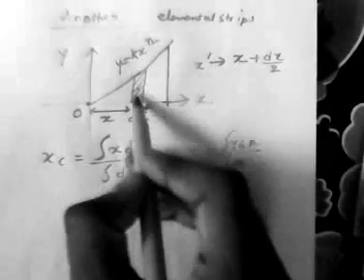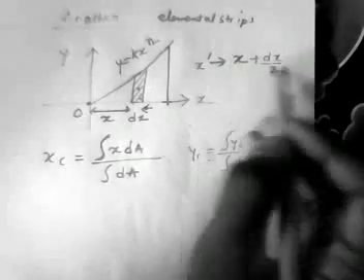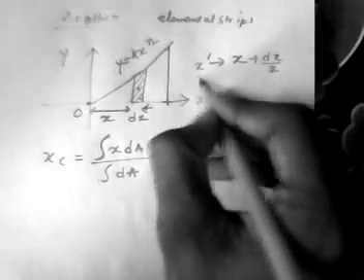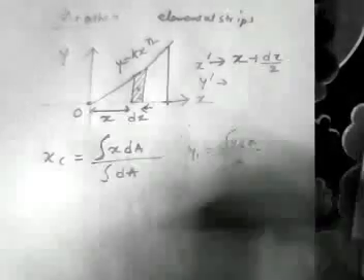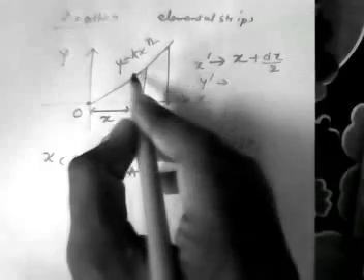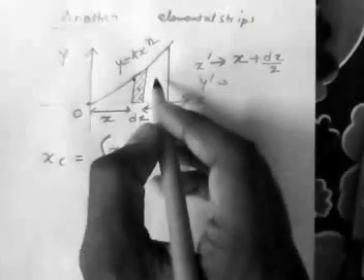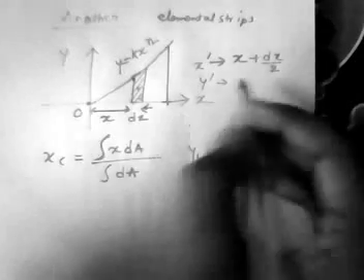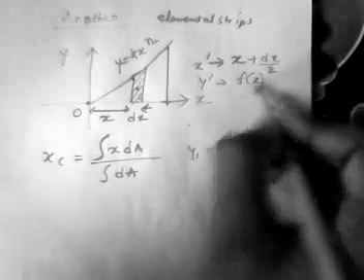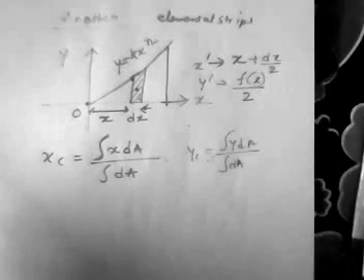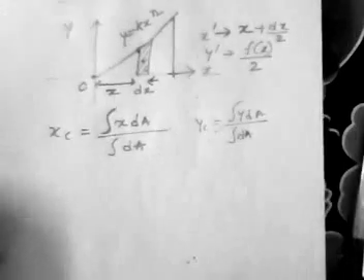First of all we have to find the centroid of this elemental strip, denoted by x dash, and that will be x, the distance with respect to the datum, plus dx by 2. dx is the width of this strip, and half of this gives the centroid. So for the elemental strip, the centroid will be x plus dx by 2.